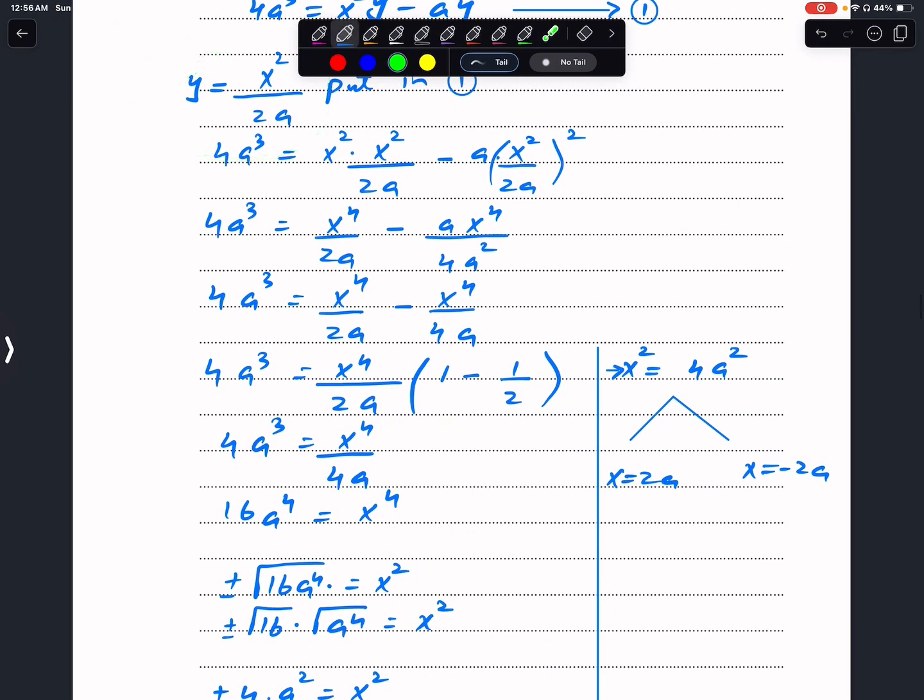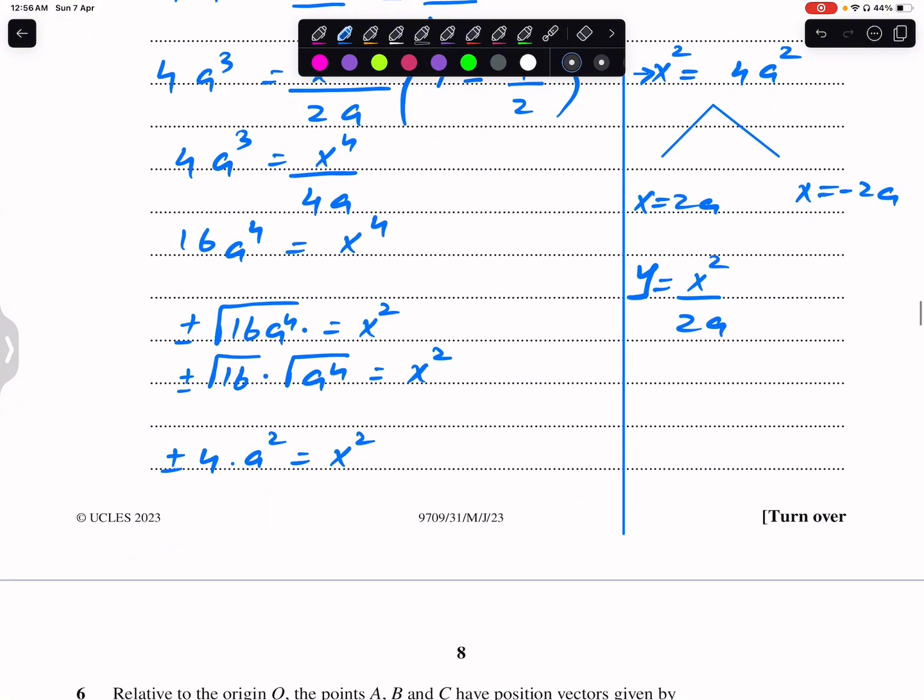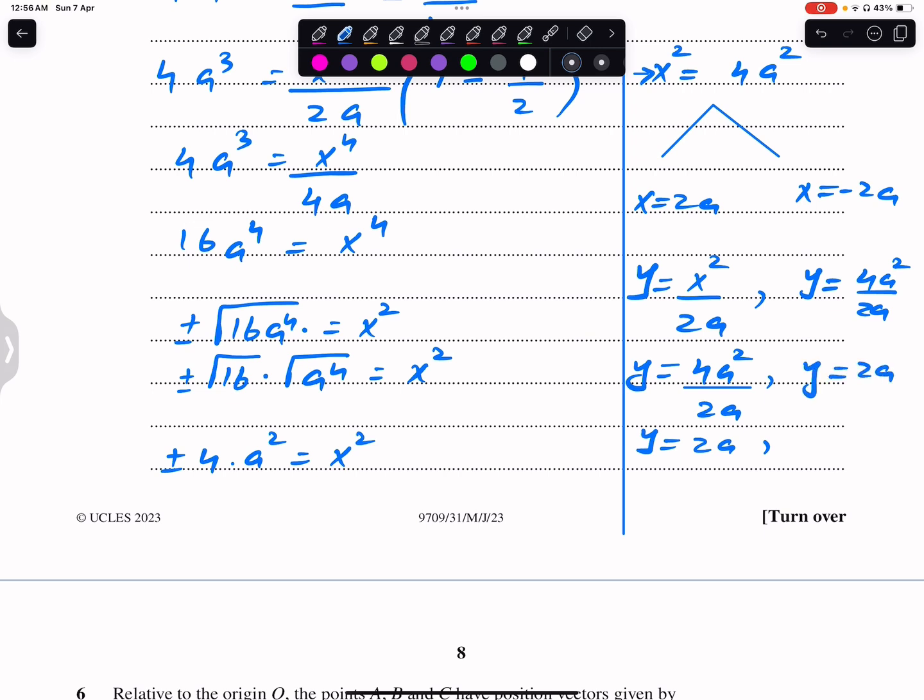So now use the value of x in this equation. You will get y is equal to 4a square over 2a. So this will be 2a is equal to y, and then for the second one, again 4a square over 2a, and again you will have y is equal to 2a in this case.